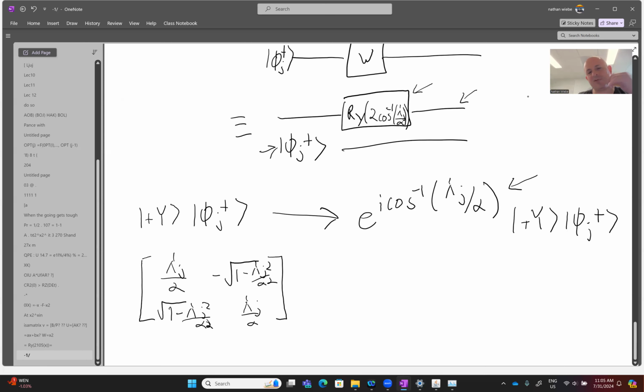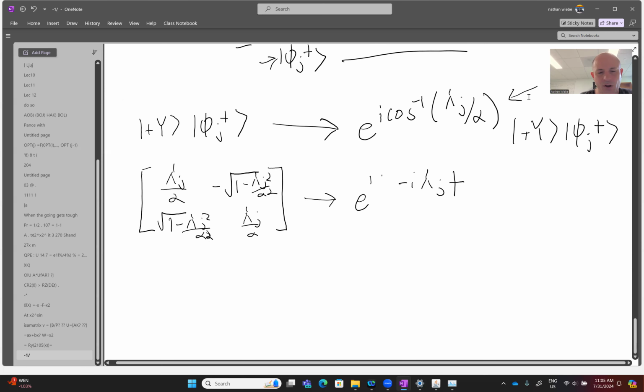And we'd like to be able to transform this into something that has eigenvalues of the form e to the plus minus I lambda j t, for our value of t.